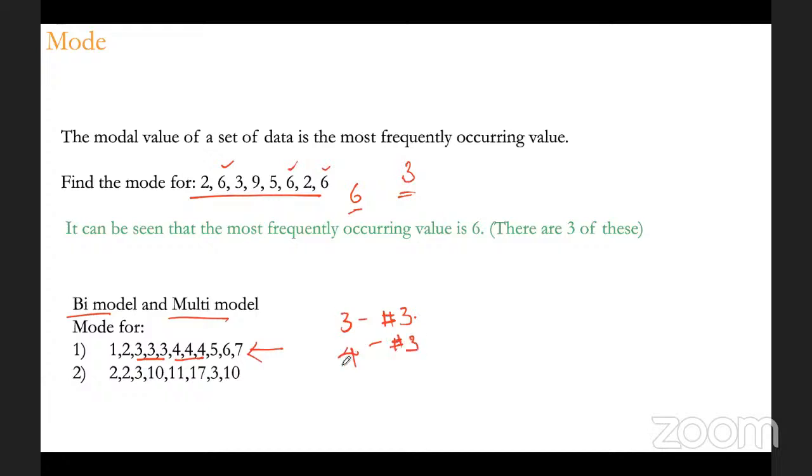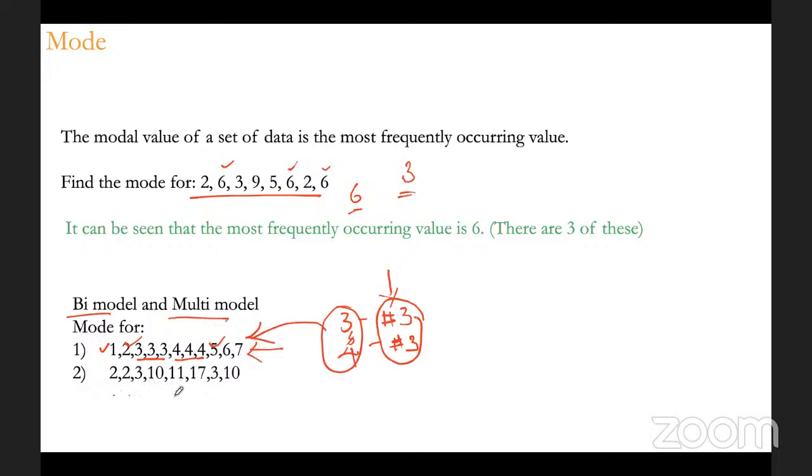Any other elements, like 1, 2, 5, occur only once. So 3 and 4 are occurring with the highest frequency, and together they act as the mode for this data set.